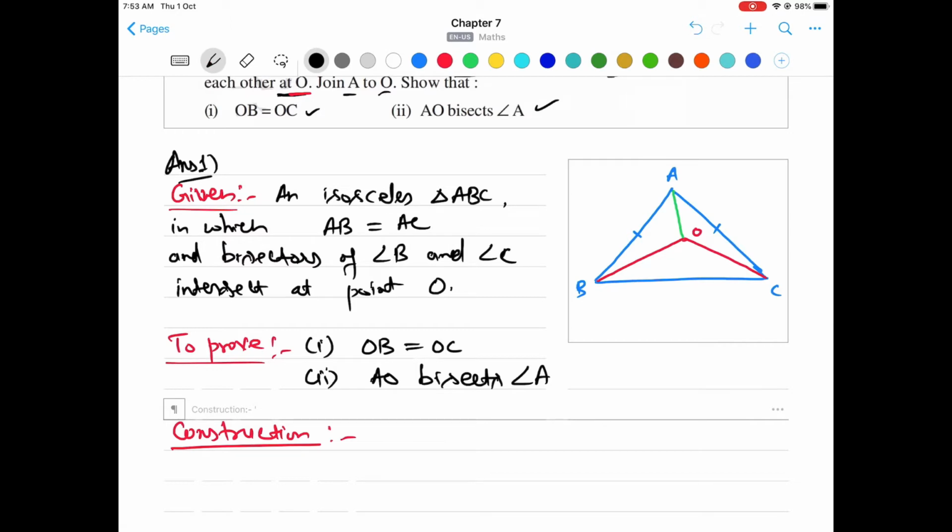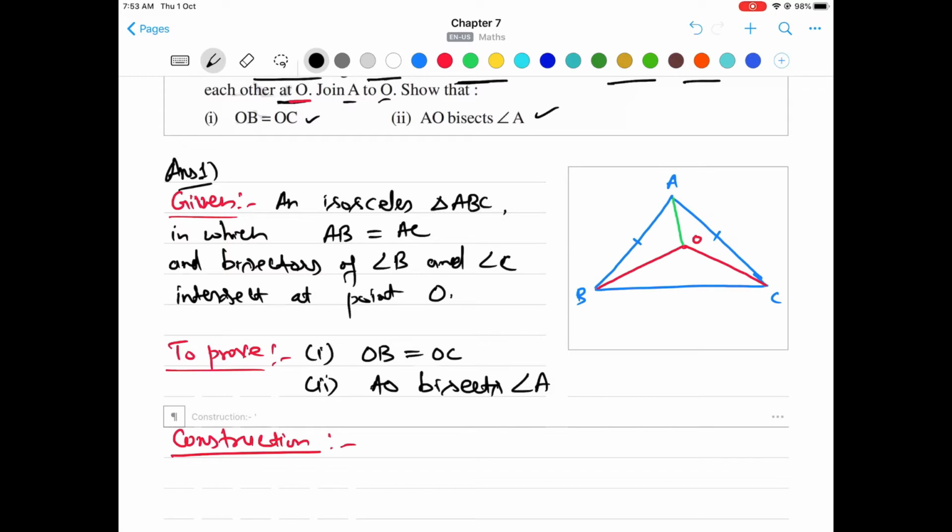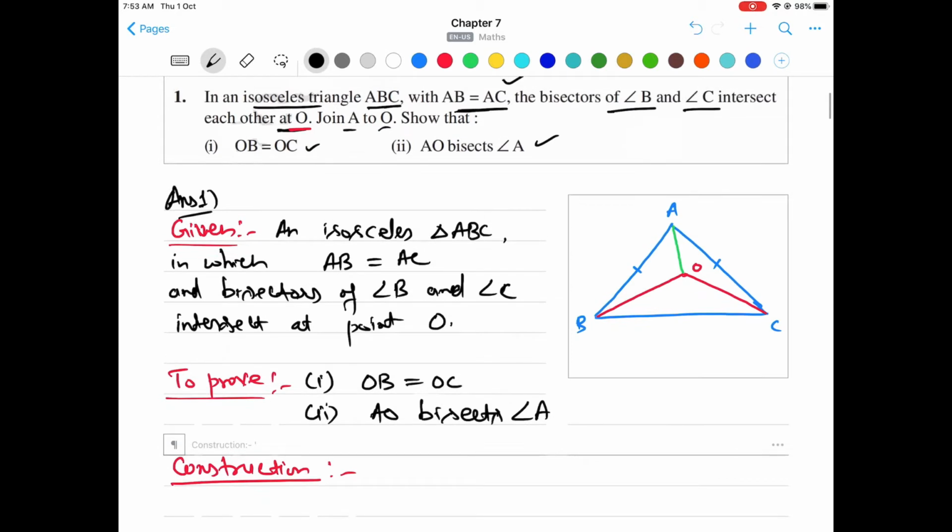That construction is we have to join A to O. Construction is join A to O.